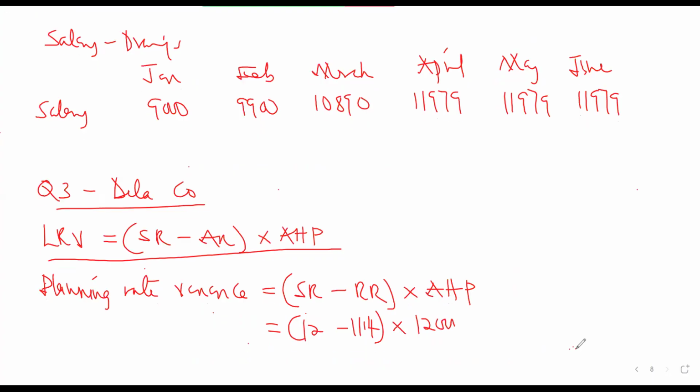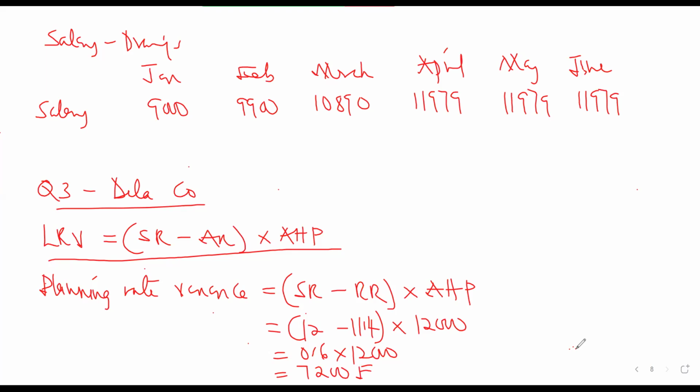What will be the amount that we are getting there? 7,200. Adverse or favorable? Favorable. Okay, so we have 0.6 multiplied by 12,000, so we have 7,200. Okay, favorable.